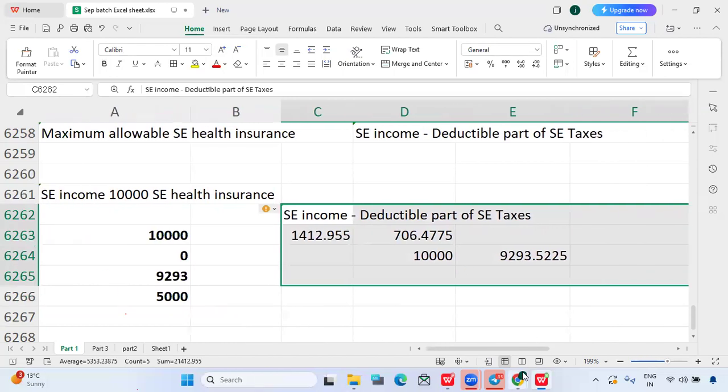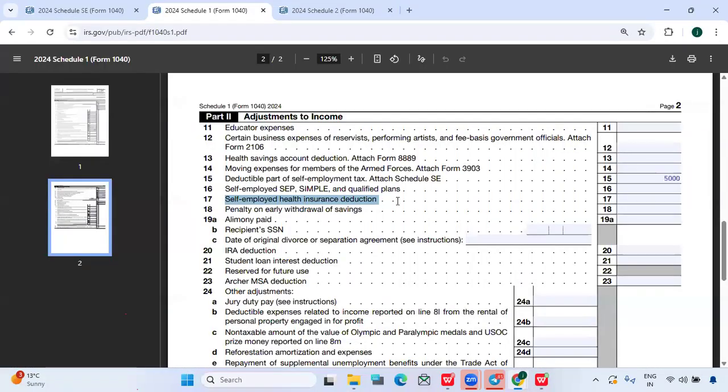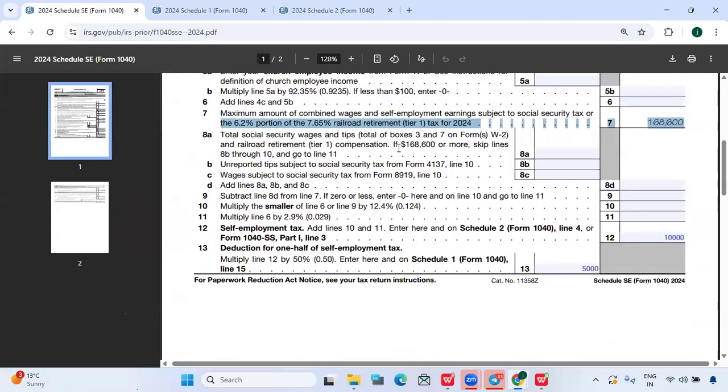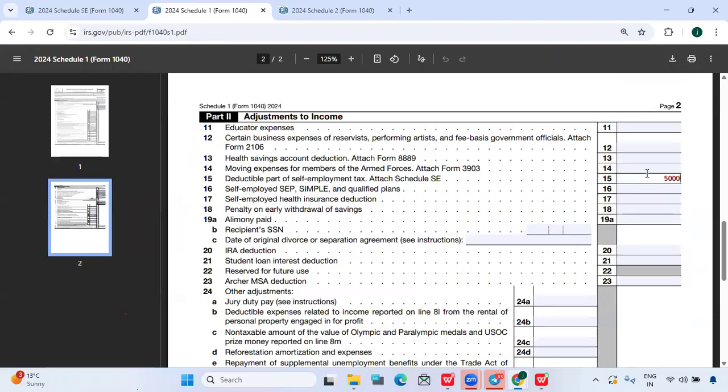So now, regarding the deductible part of self-employment tax, you must remember one formula.